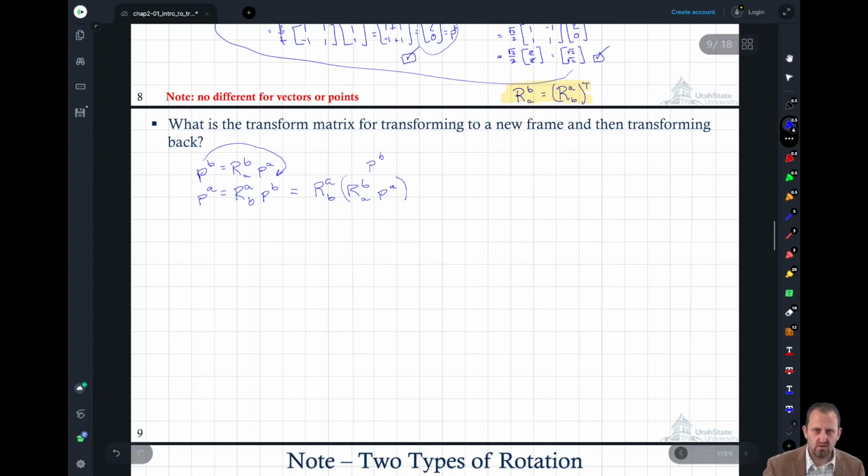Okay, so now we have that PA, let's just write it nicely. PA is equal to RBA times RAB times PA. Well, we better be left with the identity matrix.